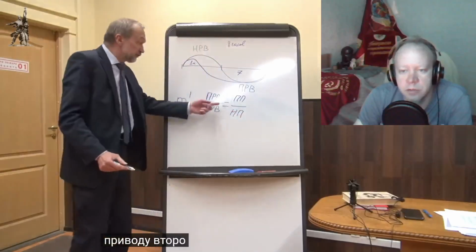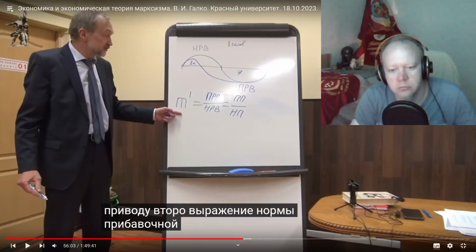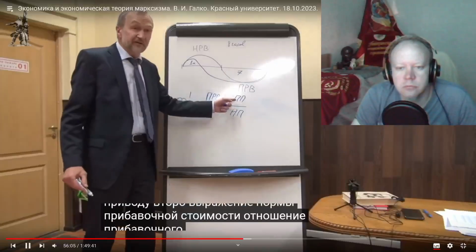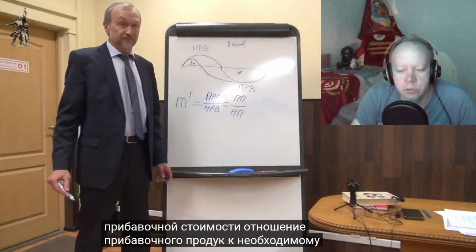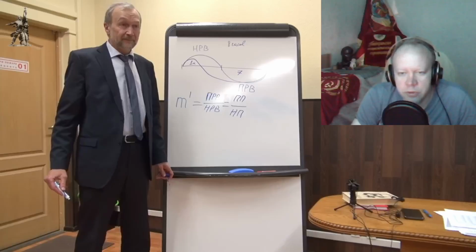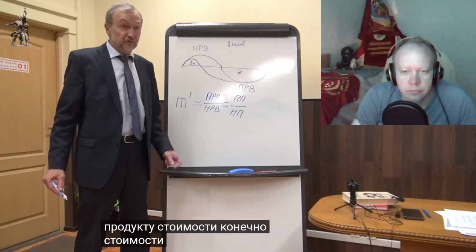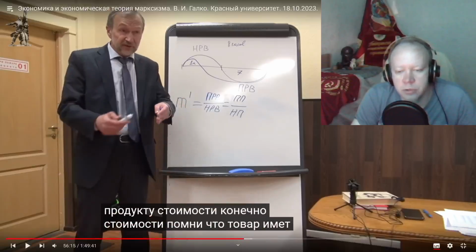This is the necessary product. This is the relation of surplus product to the necessary product. We're speaking about the value, of course.